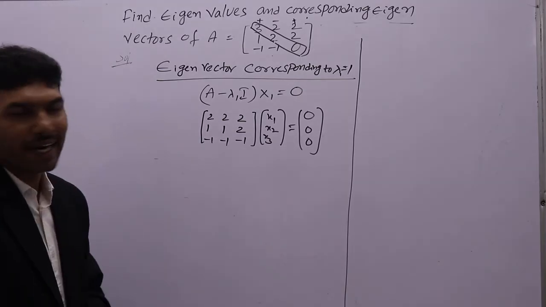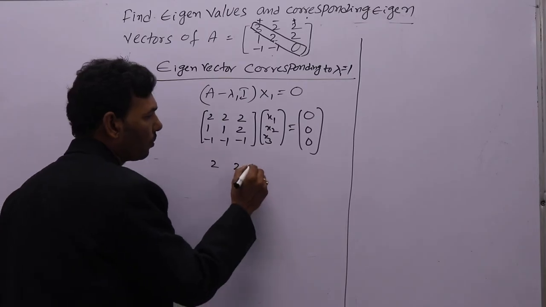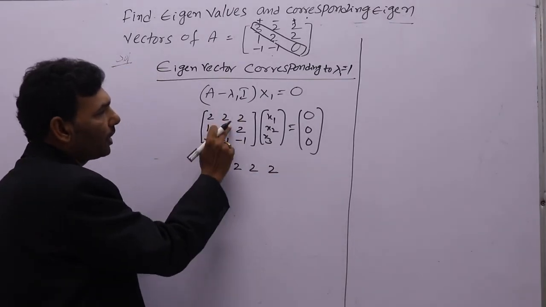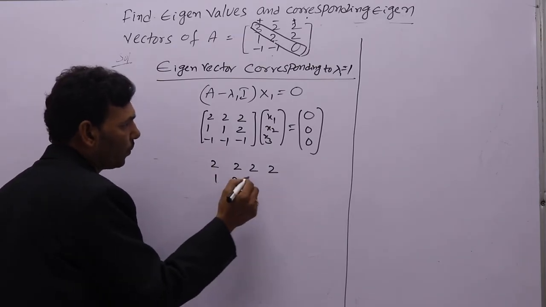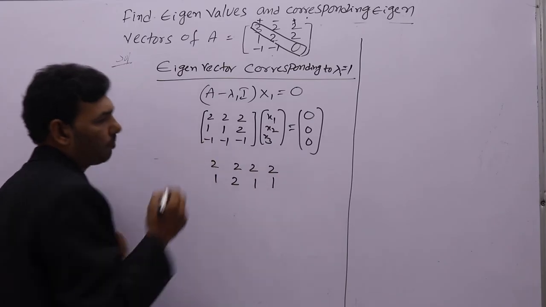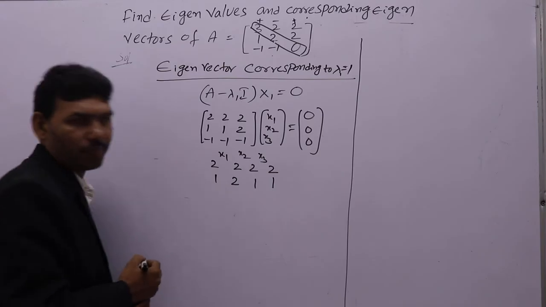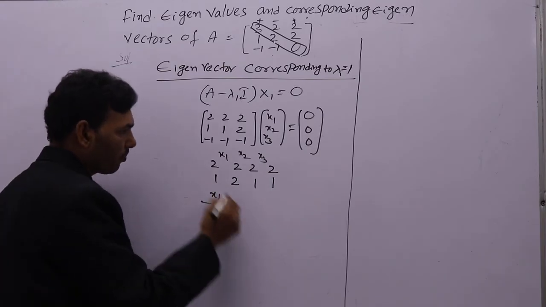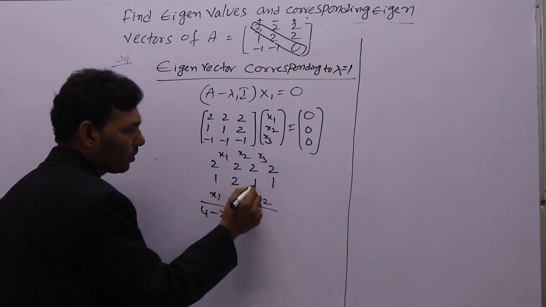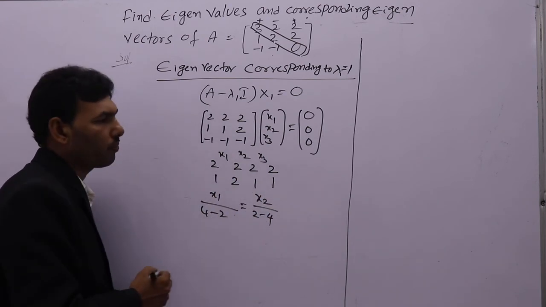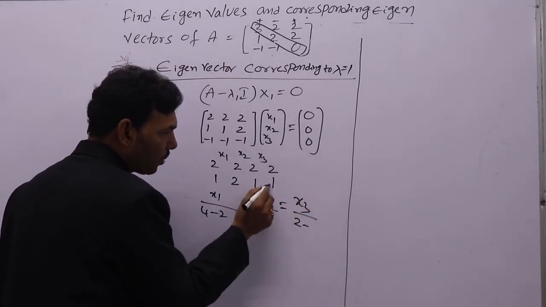Now as usual write from second element to second element. 2, 2, 2, 2 only. You are having 3 2s. 2, 2, 2, 2, complete 4. 1, 2, 1, 1. Now x1, x2, x3. x1 by 4 minus 2. x2 by 2 1 are 2 minus 4. x3 by 2 minus 2 1 are 2, 2 1 are 2.